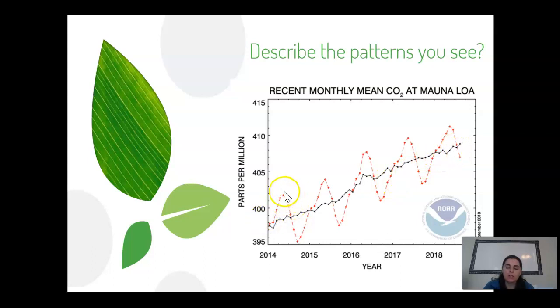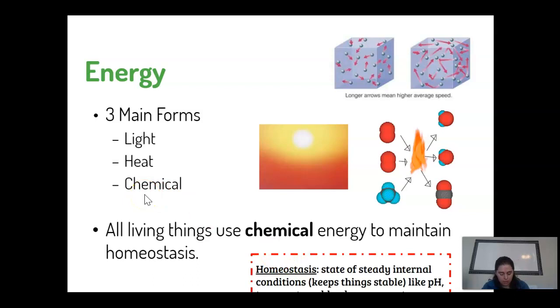So you'll see that when there's times of winter, we have less photosynthesis occurring, so we have more carbon dioxide in the atmosphere, and in spring and summer we have less carbon dioxide in the atmosphere as we have more photosynthesis occurring, and this happens every year. So it's called a seesaw pattern. Okay. All right, so hopefully you can put some information down for what evidence you have to support the pattern or trend that you saw.